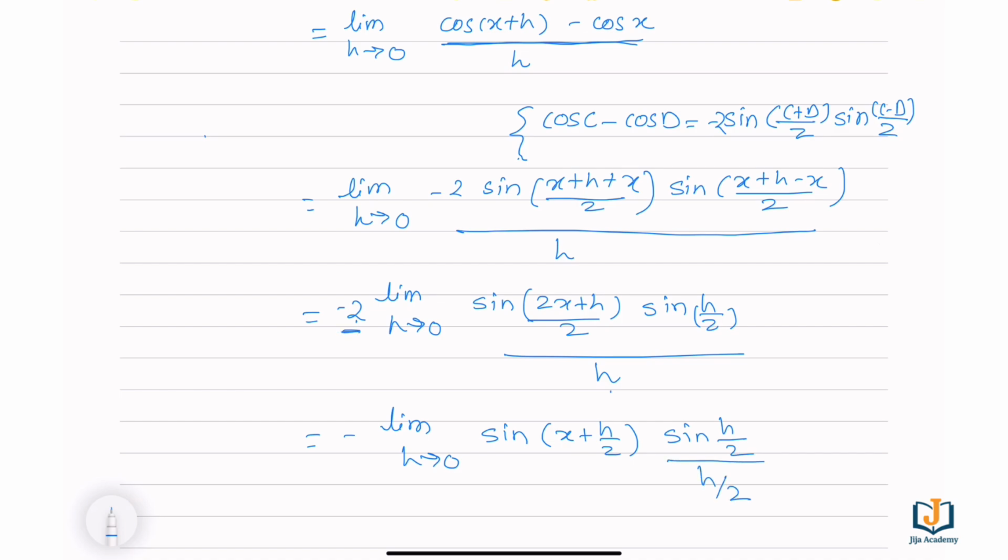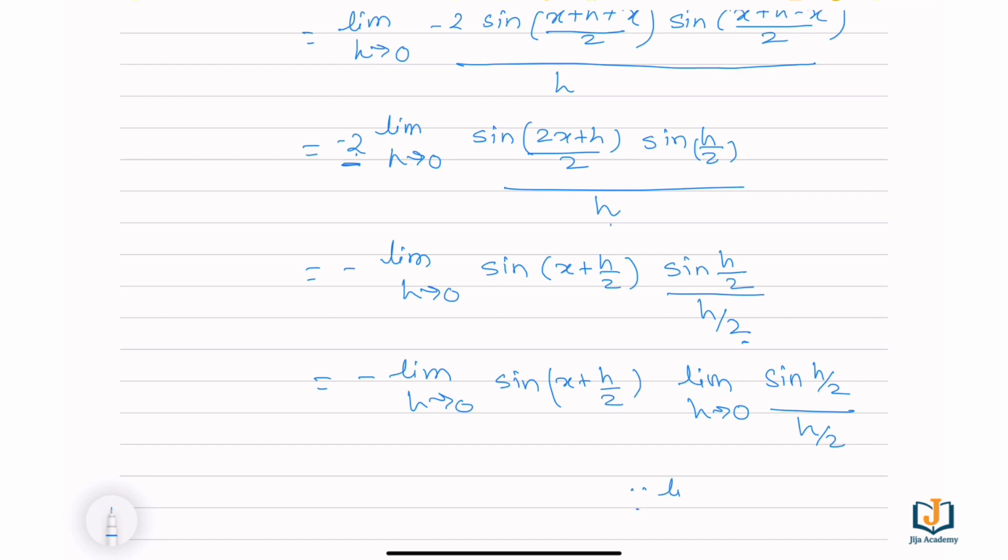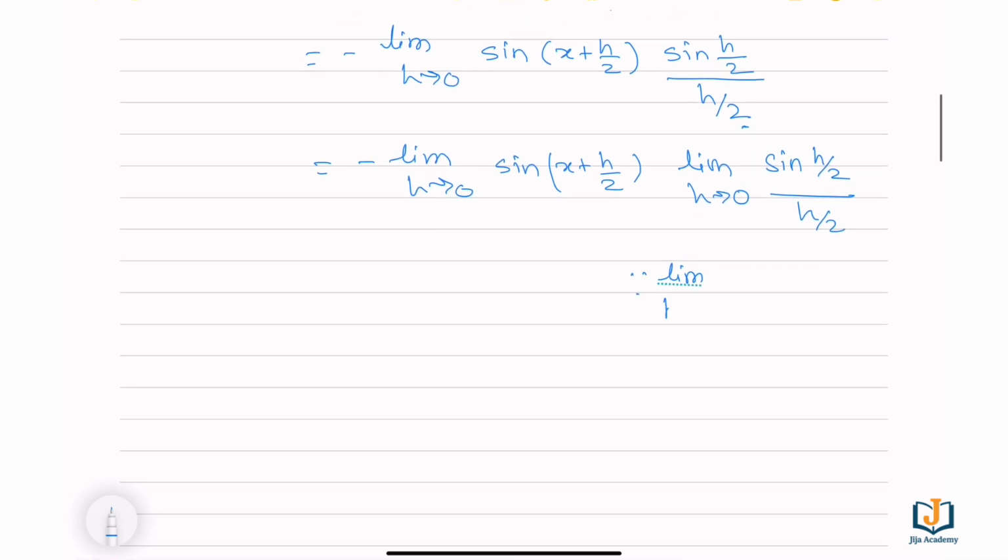This 2 is going to here. So minus limit h tends to 0 sin (x plus h by 2) and here limit h tends to 0 sin h by 2 divided by h by 2, and we know that limit h tends to 0 sin h by 2 divided by h by 2 is equal to 1.